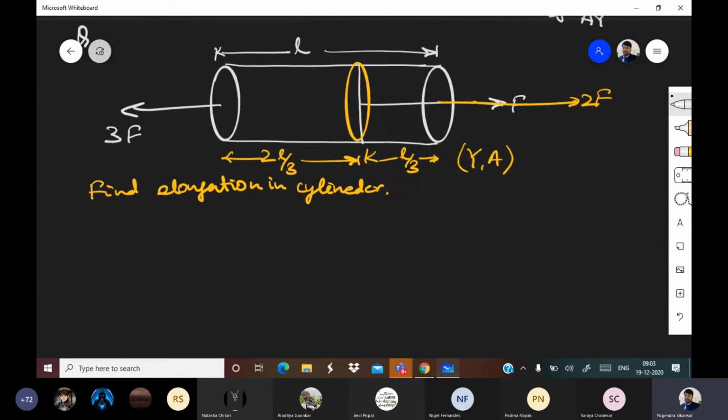Pay attention, everyone. Suppose L1 is the elongation in this part and L2 is the elongation in this part. No, Sania, 1 by 2L is not the answer.